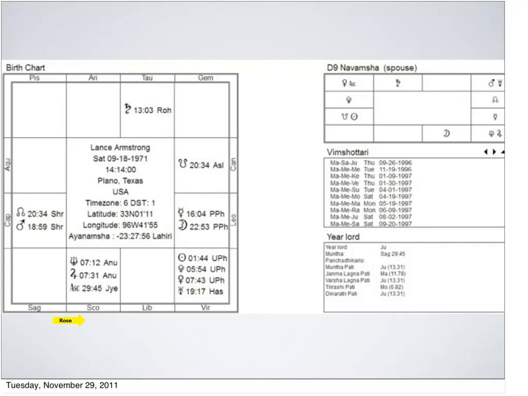I refer to them sometimes as Martians. Martians will be attracted to Martian-like careers. A lot of times this is firemen, policemen, people who work as surgeons, people who work around blood. Mars also deals with blood. So policemen, soldiers.